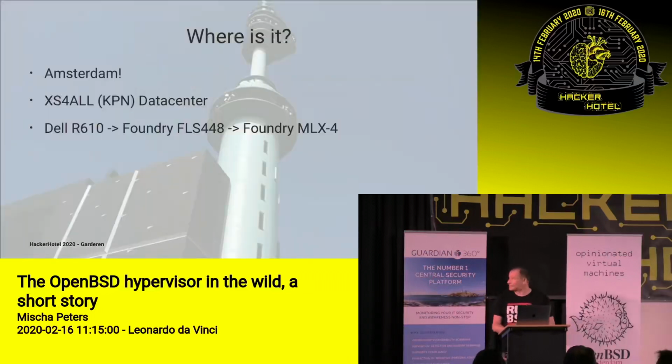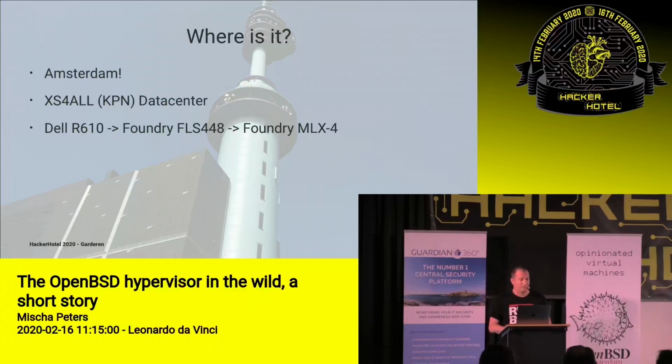So where is it? As you might assume, it's in Amsterdam. It's in a KPN data center, DC2, at the Barbara Strozzi-laan, if people know it. It was called something different, which I forgot now. Primarily the hardware that I'm using is Dell R610s, Foundry switches, if people still know Foundry.